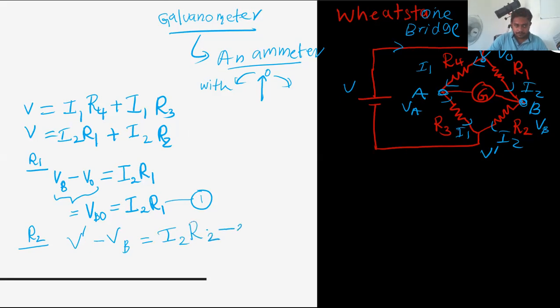This is the second, I'll write it in the next line. I'm writing V dash B as I2 R2. This is my second one.